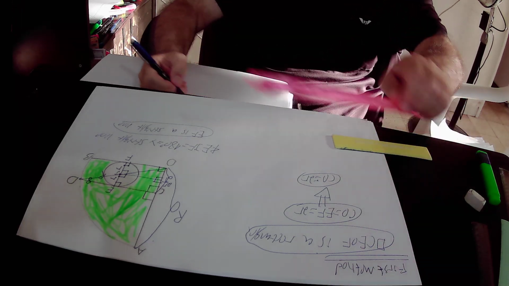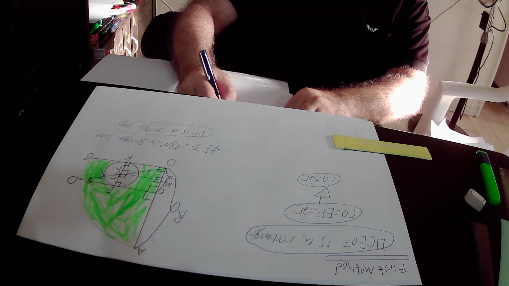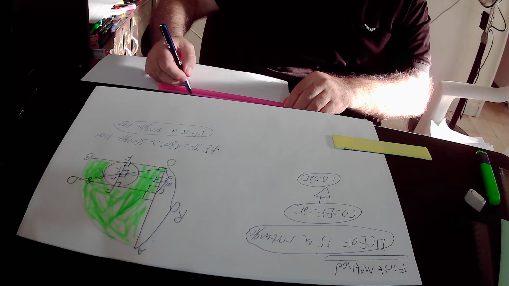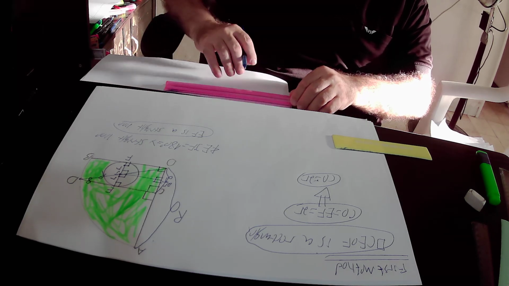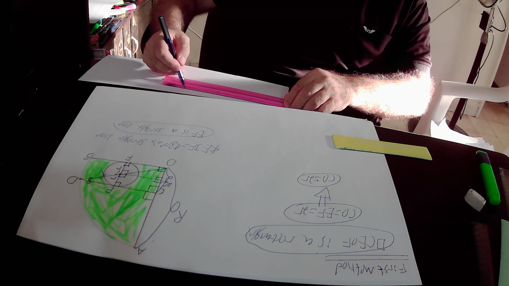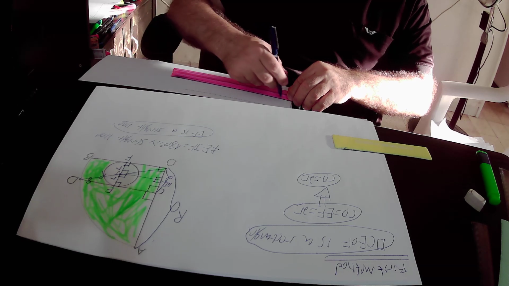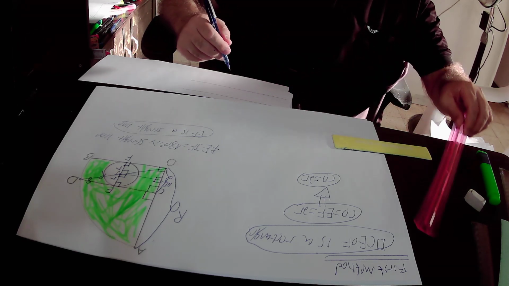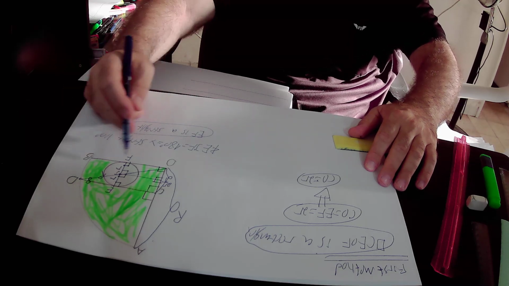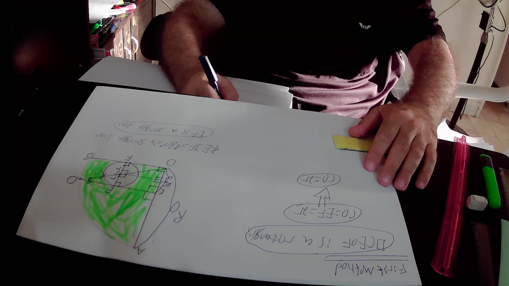According to the Pythagoras theorem, the square of the hypotenuse equals the sum of the squares of the perpendiculars. The hypotenuse is OD, therefore the square of the hypotenuse is OD squared.